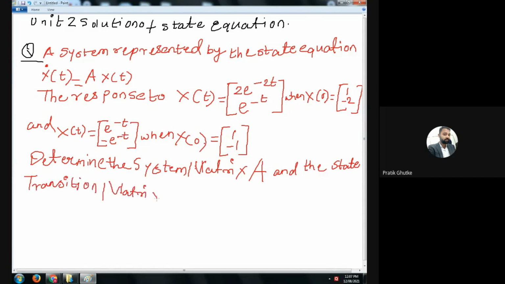You can also call it as capital STM. STM means state transition matrix.